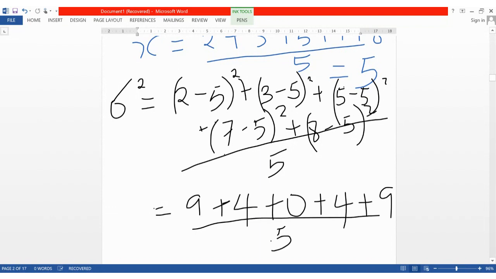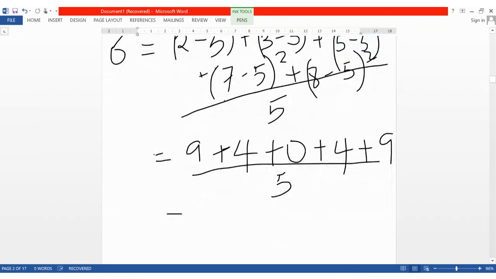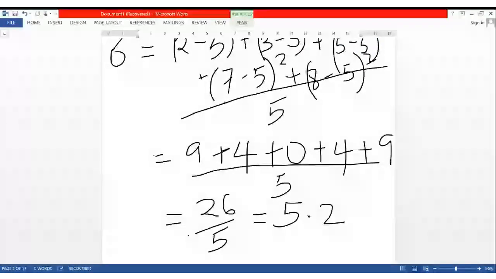And the answer should be 5.2. So that is the what? The variance. That is the variance of how you get it for that one.